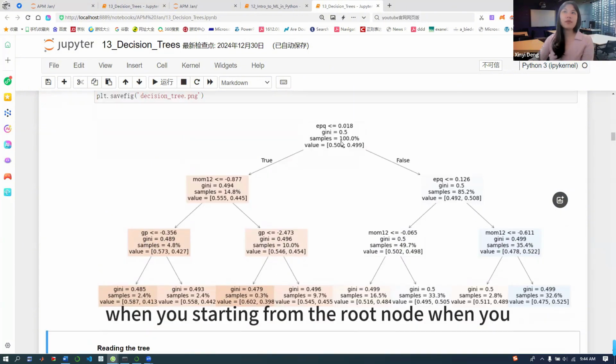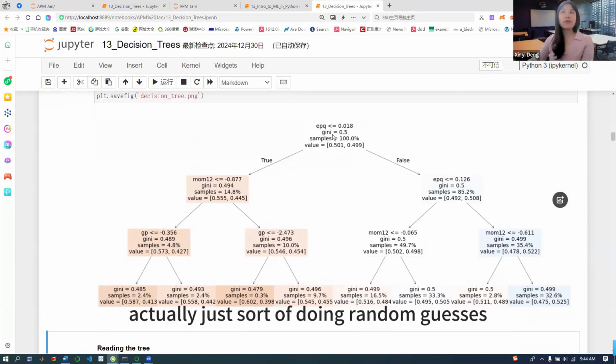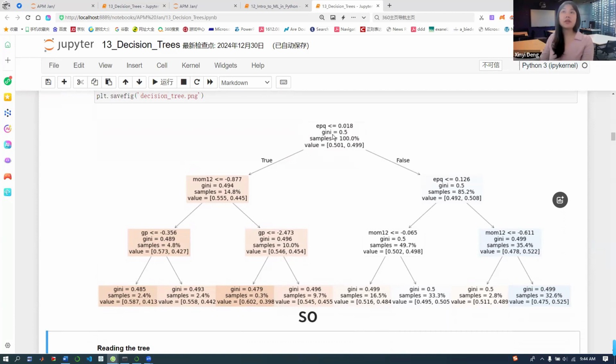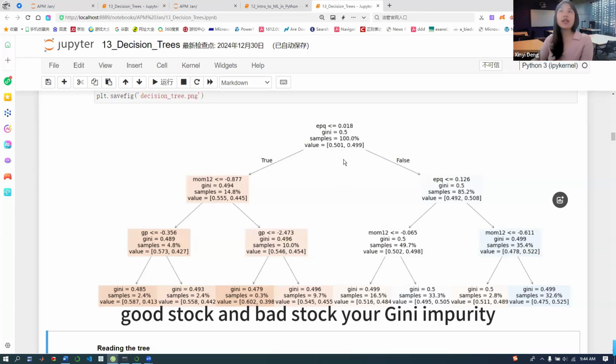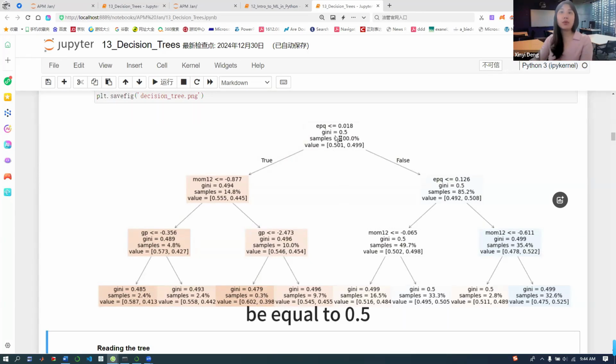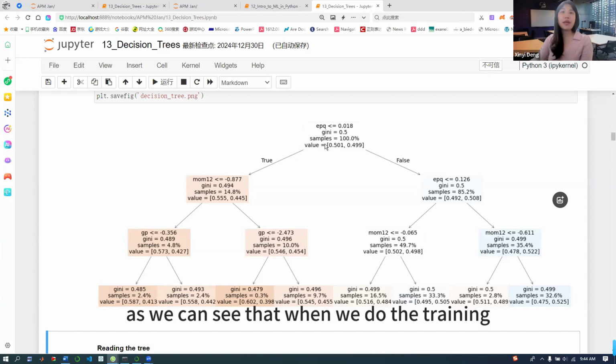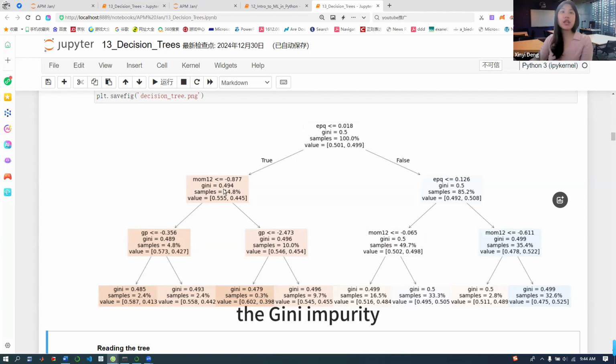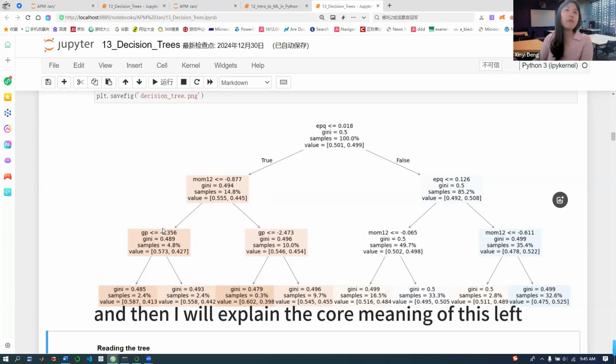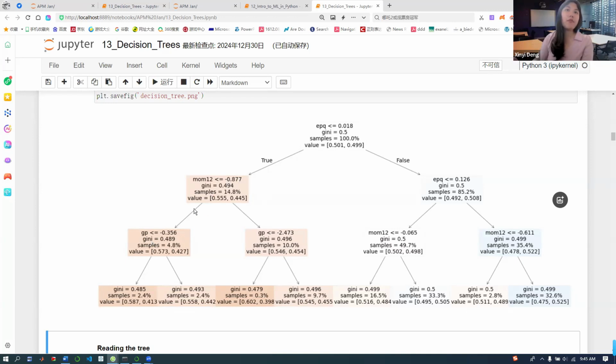When you're starting from the root node, when you're just doing random guesses, so a half chance of being a good stock and bad stock, your Gini impurity measure will be equal to 0.5. As we can see, when we do the training, the Gini impurity measure does reduce, right? So it reduces from 0.5 to 0.485. Let's also try to explain the value, and then I will explain the core meaning of this leftmost branch.